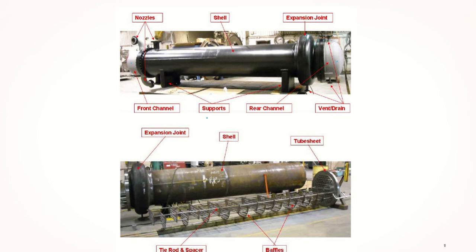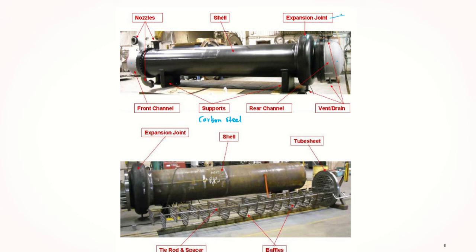Support you usually use only carbon steel because carbon steel would be the cheapest one with quite good integrity, so we usually use carbon steel at the supports. And also we have expansion joint. Why do we have expansion joint?